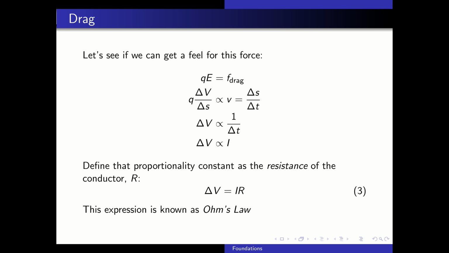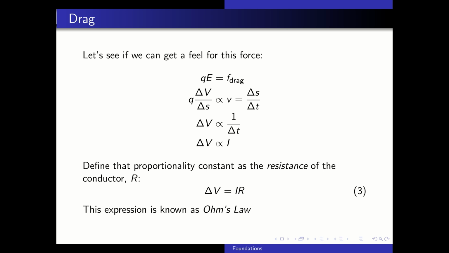I want to focus on these two parameters: I've got a delta V and I've got a 1 over delta T. And that 1 over delta T makes me think of a current. I can multiply some constants in here, throw some extra Q's in here. That's not important.